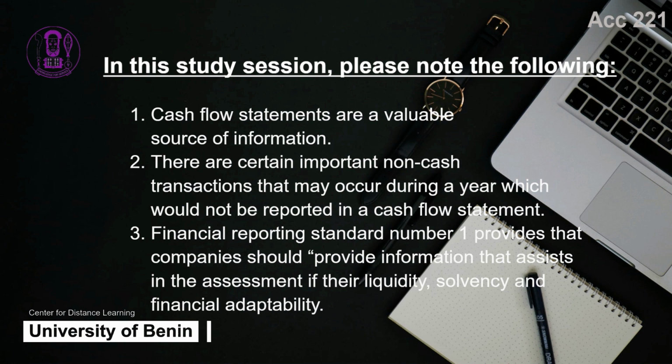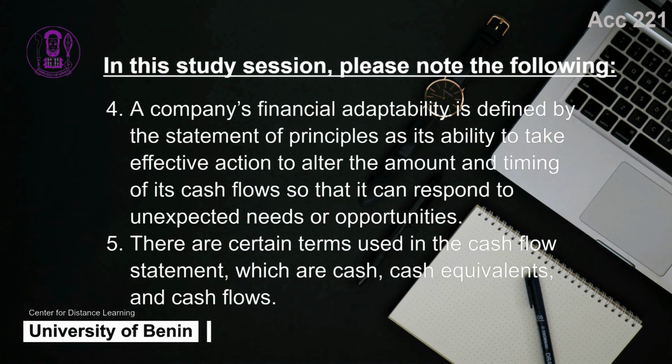A company's financial adaptability is defined by the statement of principles as its ability to take effective action to alter the amount and timing of its cash flows so that it can respond to unexpected needs or opportunities. 5. There are certain terms used in the cash flow statement, which are cash, cash equivalents, and cash flows.